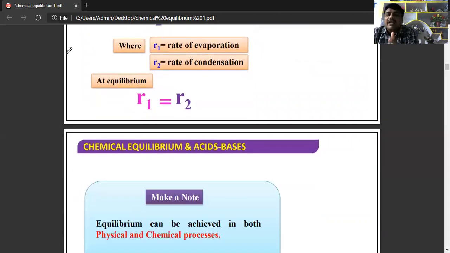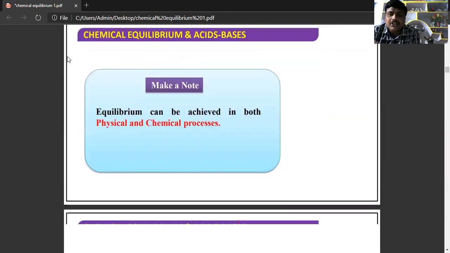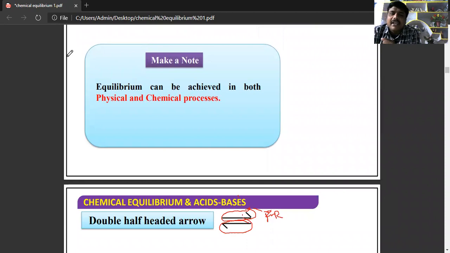So what is happening at the equilibrium state? At equilibrium, R1 will always be equal to R2. That means the rate of evaporation will always be equal to the rate of condensation. So equilibrium can be achieved in both physical and chemical processes.